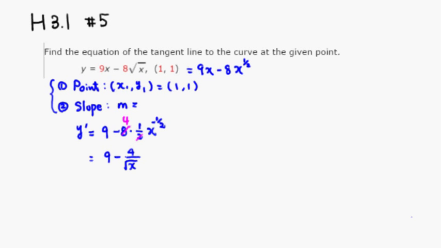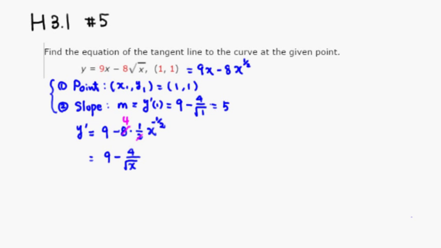So what we need to do is just plug in the x value, in this case 1. So we have y prime of 1, which is 9 minus 4 over the square root of 1. So it's 9 minus 4, which is 5.